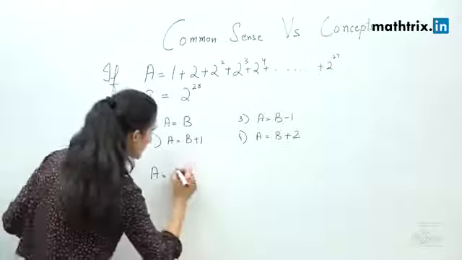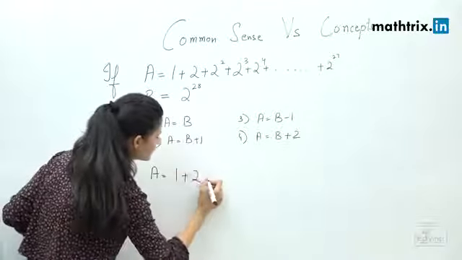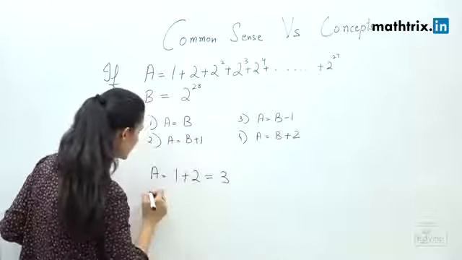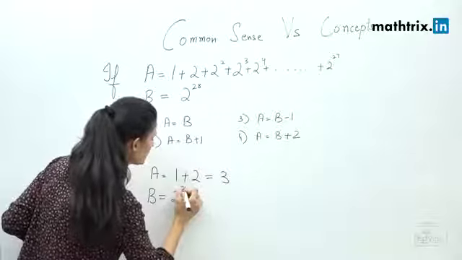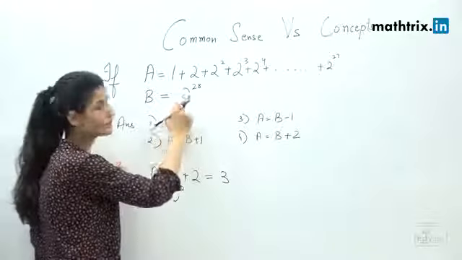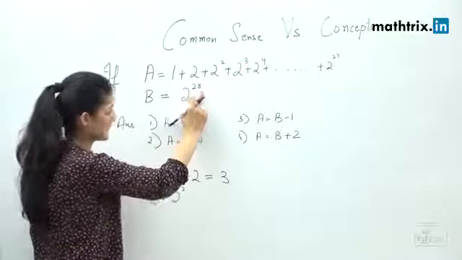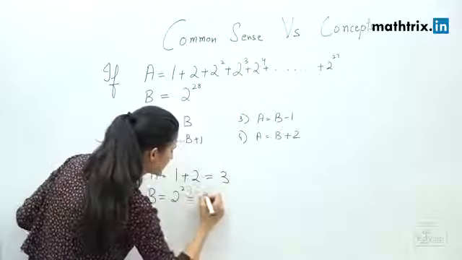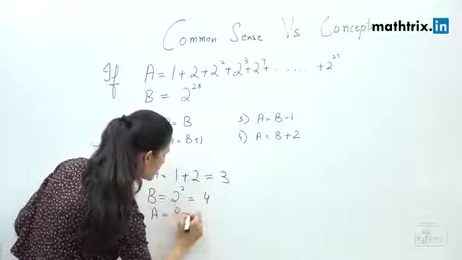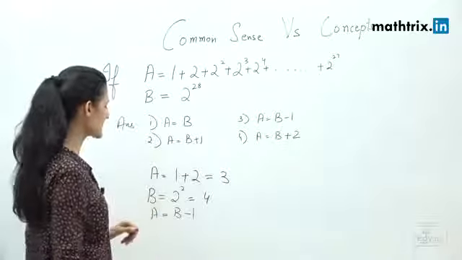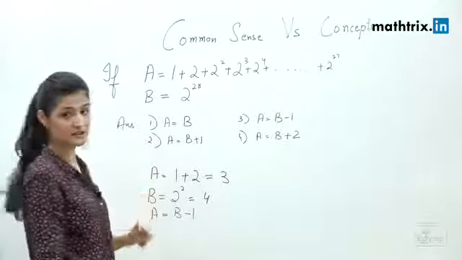If we are having 2 terms, which is 1 plus 2, A is equal to 3, and for B we will take 2 raised to the power 2 because we are considering only 2 terms, which is 4. So A is nothing but B minus 1. Now let's take 3 terms and try to solve this.